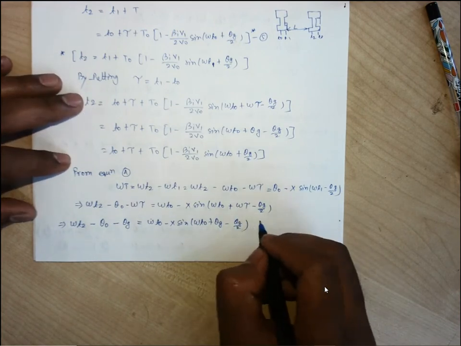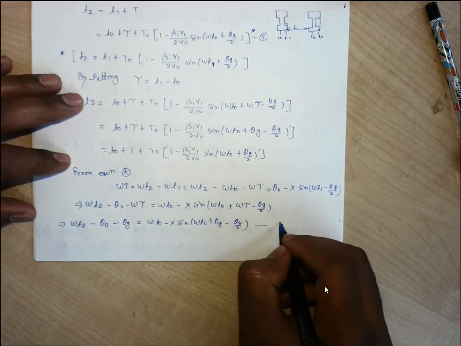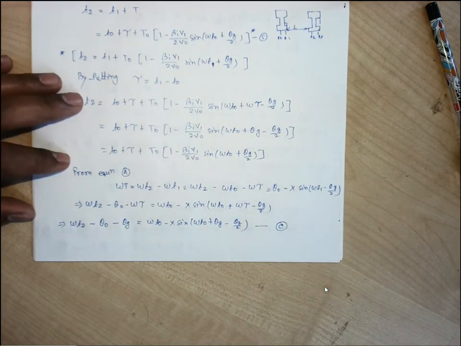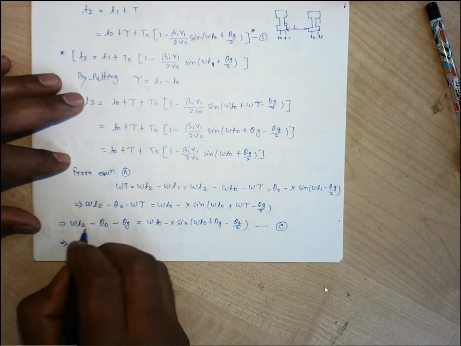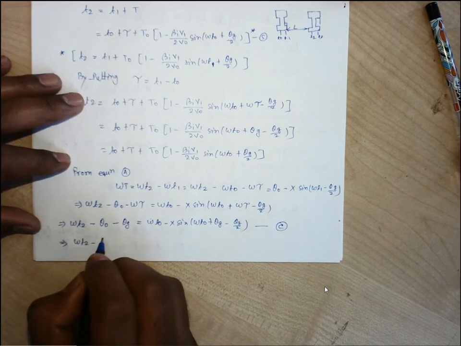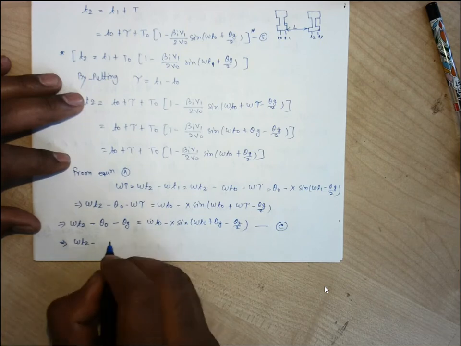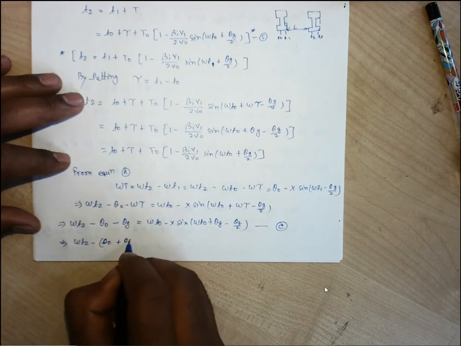Let us give this one as equation number C, or we can write omega t2 minus theta naught plus theta g by 2.